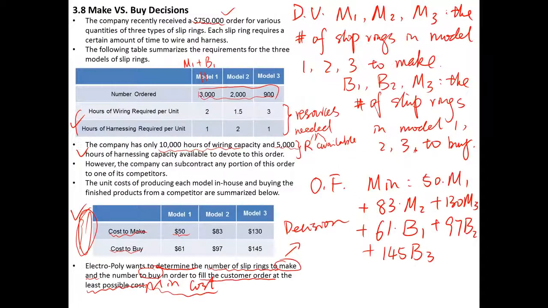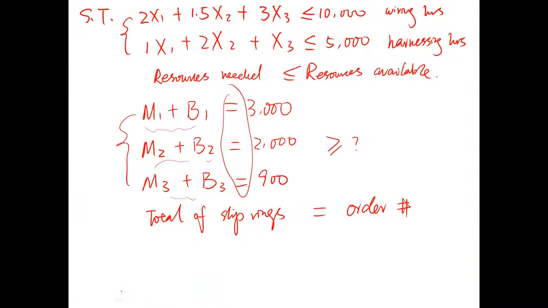Why? Because we've already got this objective function here, right? Our objective is to minimize the total cost. So as long as all of those constraints are satisfied, even if we change it to greater than or equal to, if we can find a feasible solution at strictly equal to, the solution will be strictly equal to.